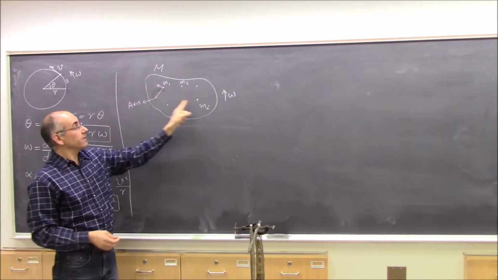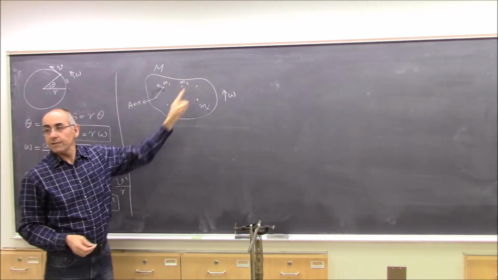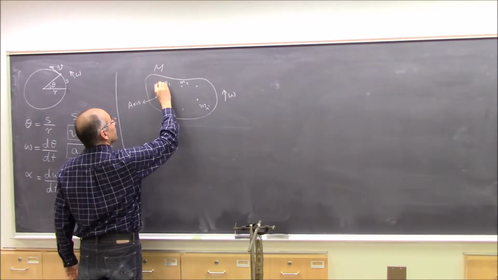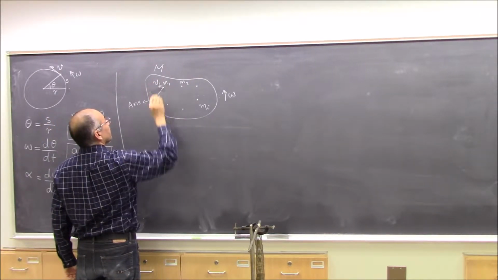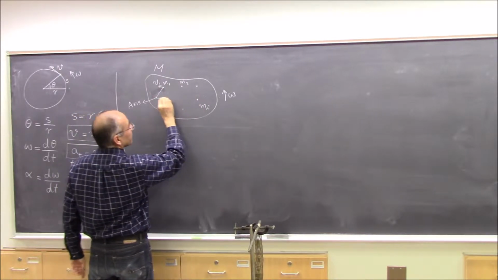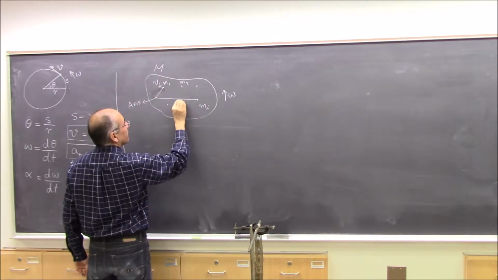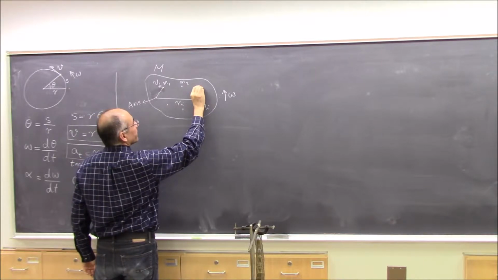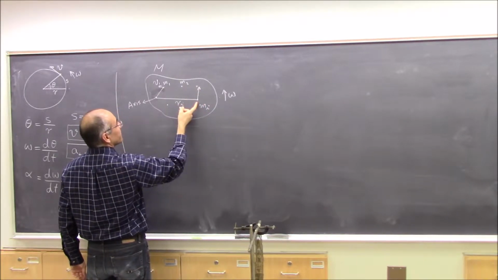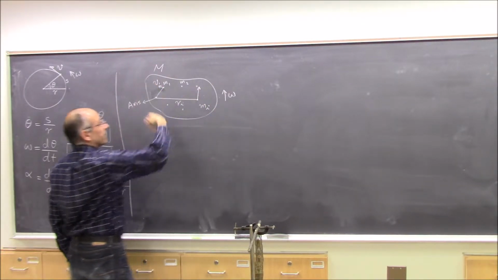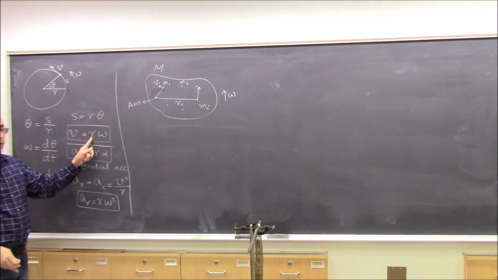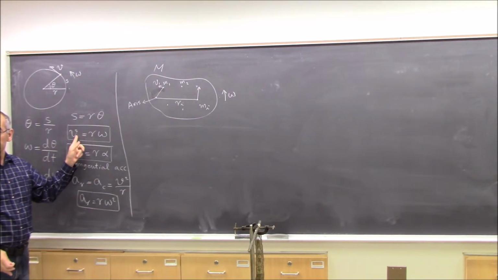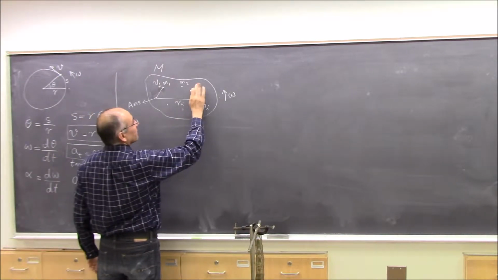If r is large, the speed is larger. So that one moves with speed v1, and this m_i has radial distance r_i and moves perpendicular to that, and it moves faster because it's farther away. Everything has the same omega. The farther it is, the faster it goes. So this is v_i.